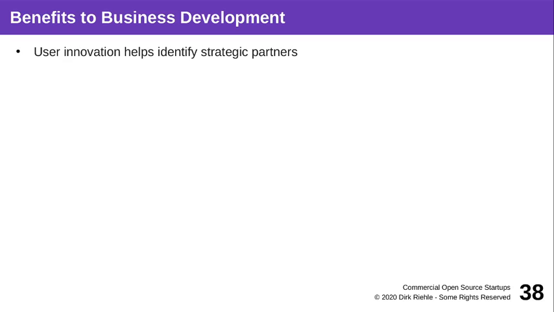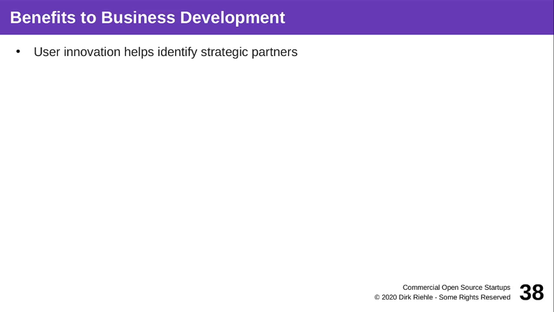For example, business development and strategic partnering benefit because your software is out there as open source. Users use it in their context. And if some users repeatedly combine your product with some other vendor's product and it's also open source, that helps you identify strategic partners.